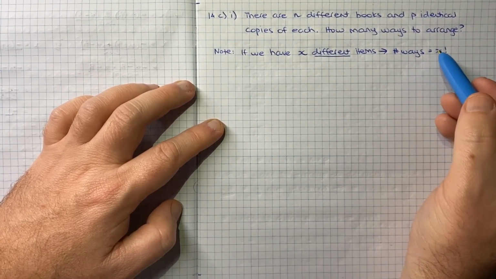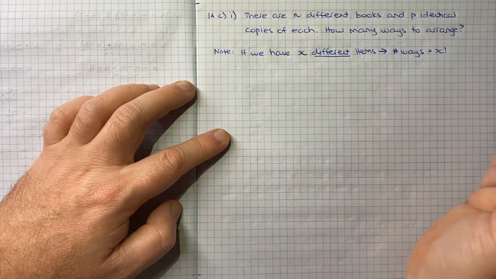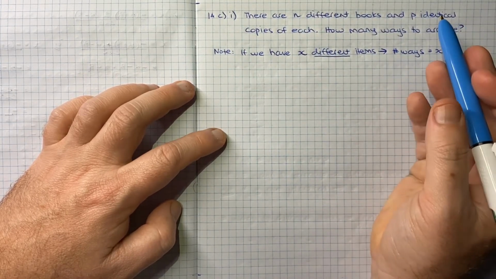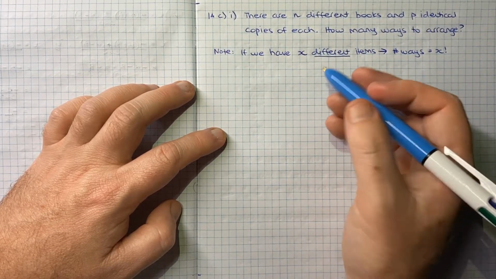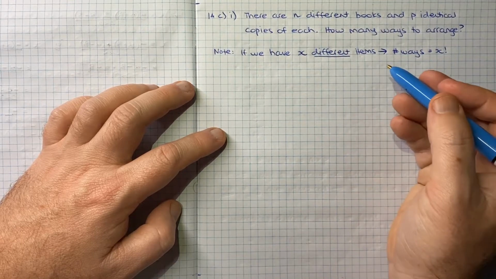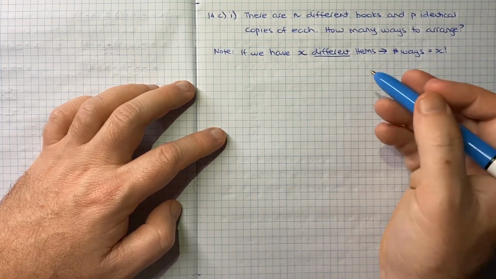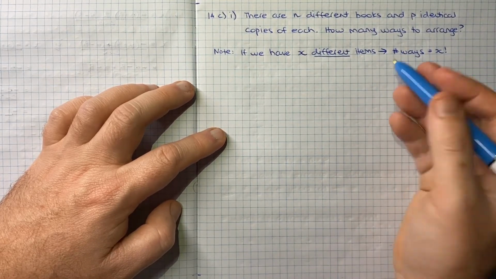And the idea there is that you've got x different items. If you're going to line them up, you've got x ways to pick your first item, and then x minus 1 ways to pick the next item, and then x minus 2 ways to pick the next item, and so on. Each time you've got one less to choose from until eventually there's only one left.